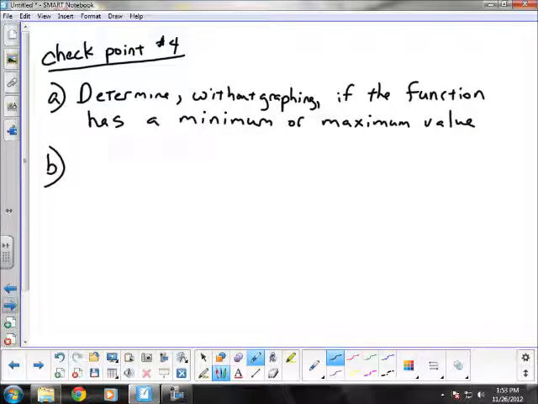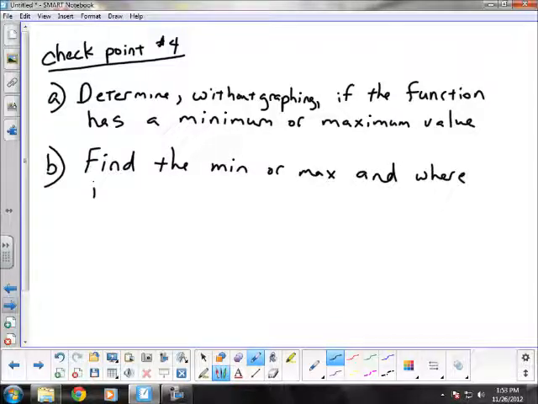Part B wants you to actually find the min or max and where it occurs.